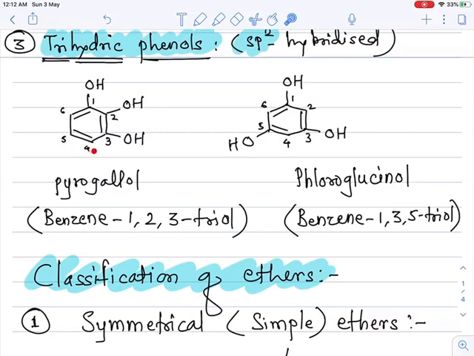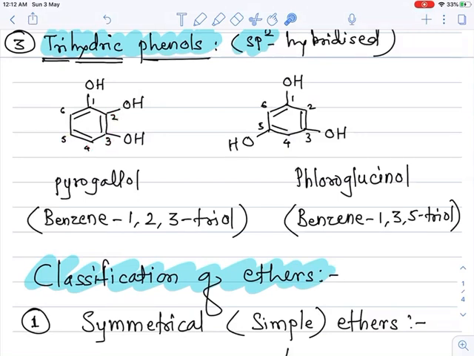Okay. Now the next class of phenol is trihydric phenols. If you observe, this is the benzene ring and 3 OH groups are attached directly to the benzene ring, at positions 1, 2, 3.